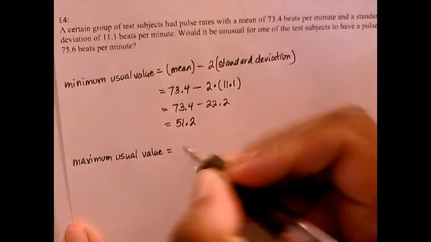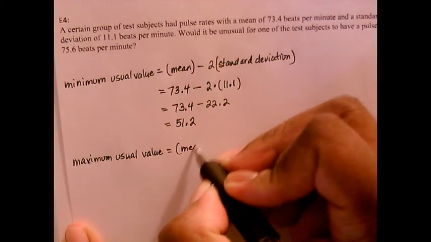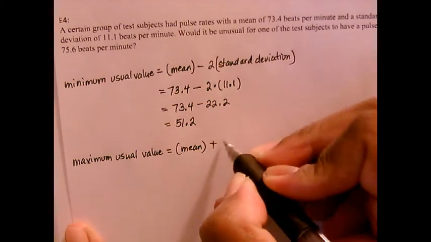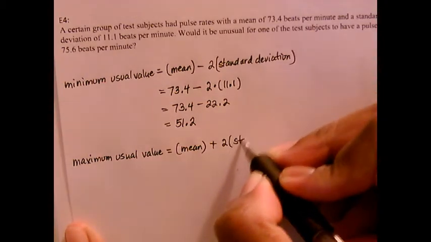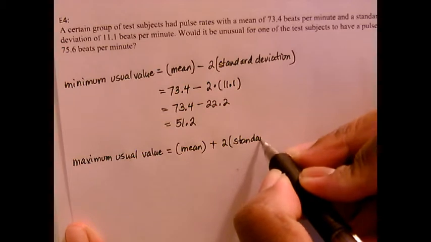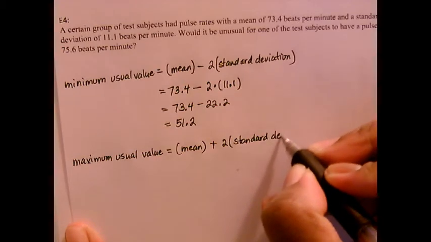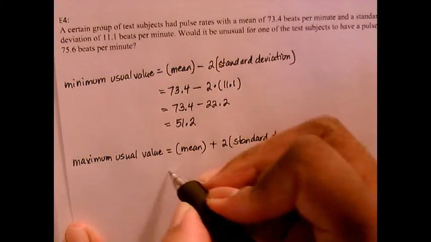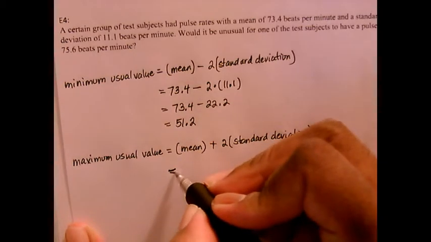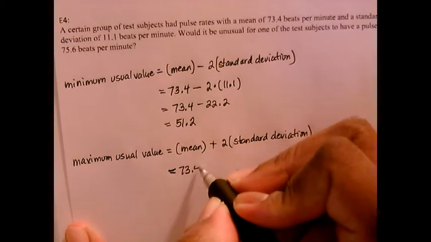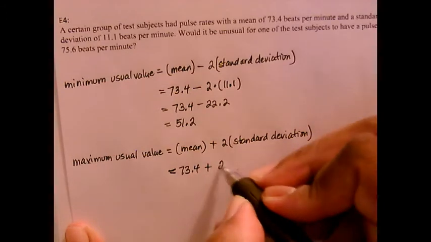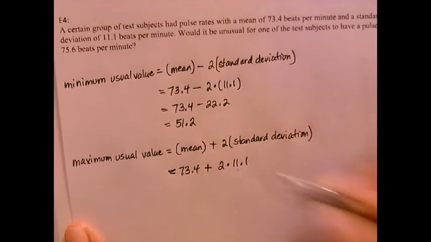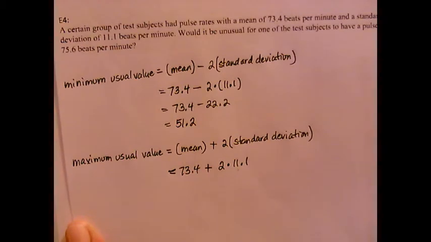Now, your maximum usual value, of course, is the mean plus 2 times the standard deviation. Again, the mean was 73.4. This time it's going to be plus 2 times 11.1, which was our standard deviation.